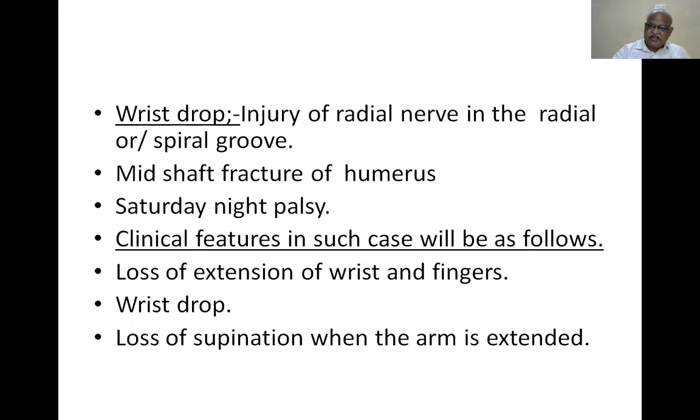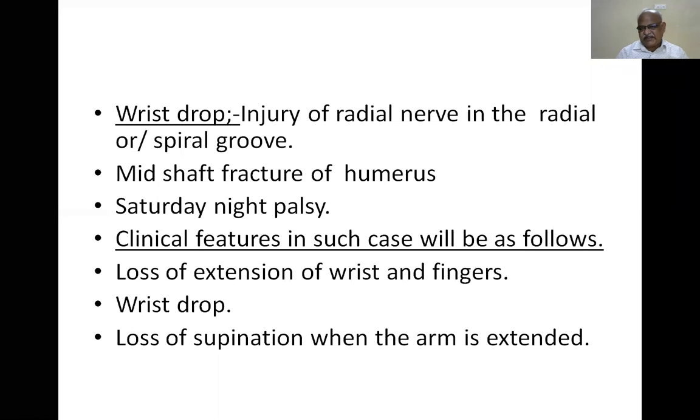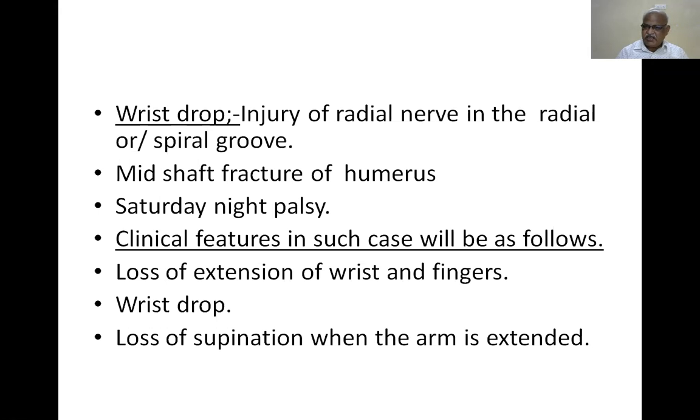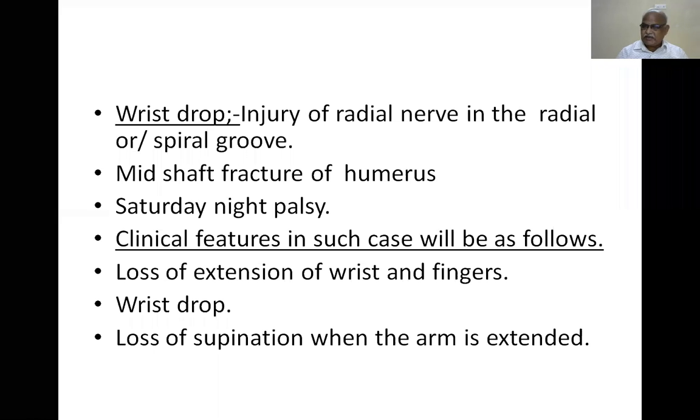So extension of the elbow is not much affected. For example, if the radial nerve is damaged in the axilla by using crutches, called crutch palsy, the triceps nerve supply is lost, so the extension of the elbow is lost.